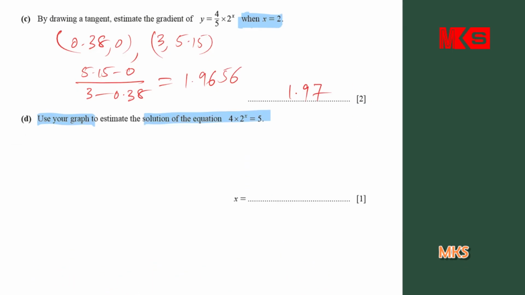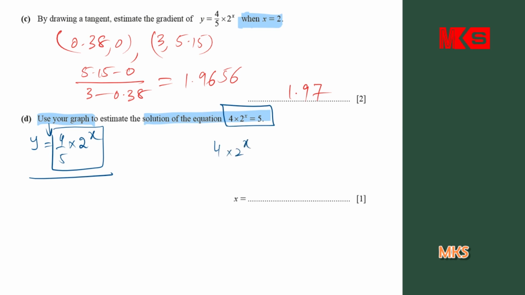We have drawn the graph of y is equal to 4 over 5 times 2 raised to power x. And the equation we have to solve is 4 times 2 to the x is equal to 5.